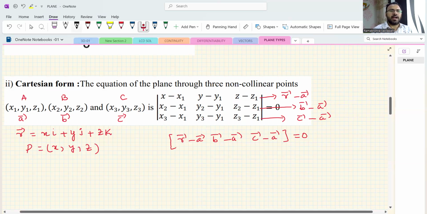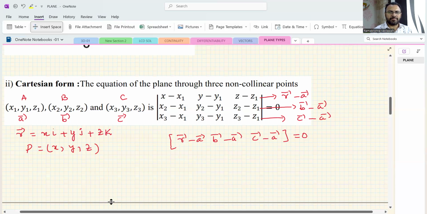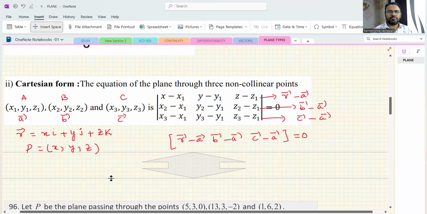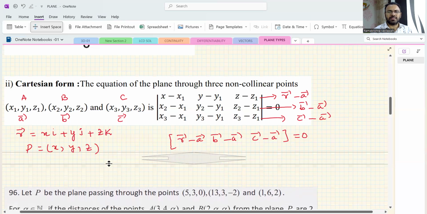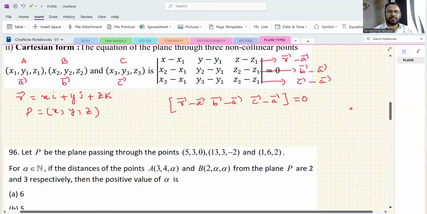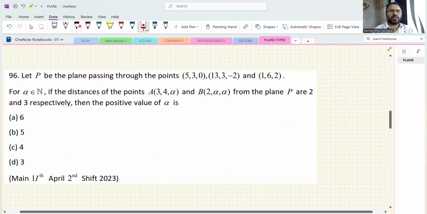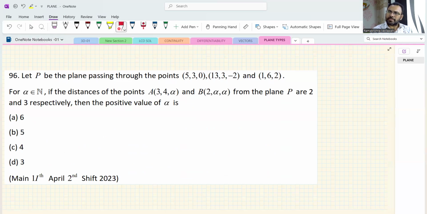Now we'll have a few questions of JEE Main. Okay, here is a question. It is a two-tier question. What is meant by a two-tier question? They match two concepts.